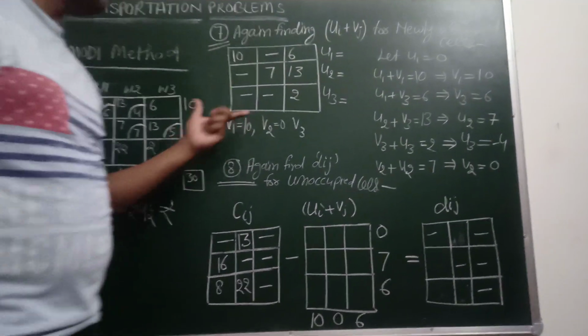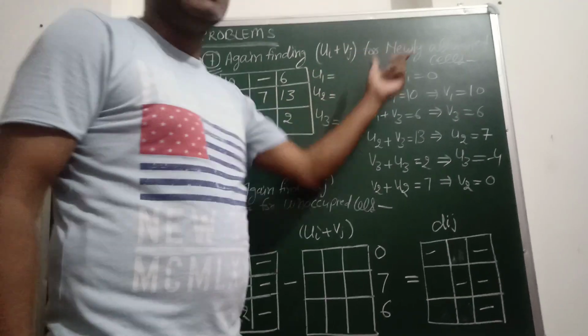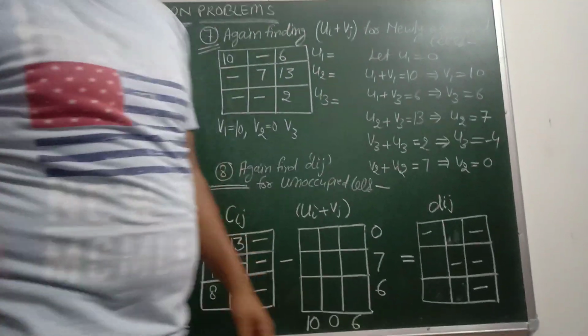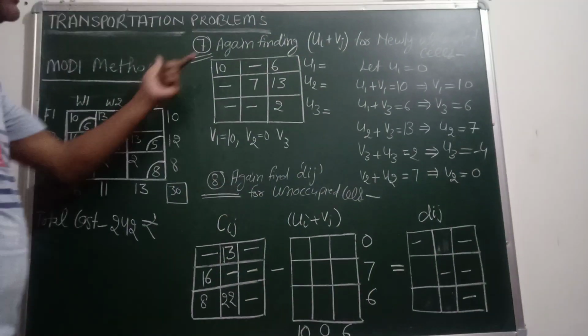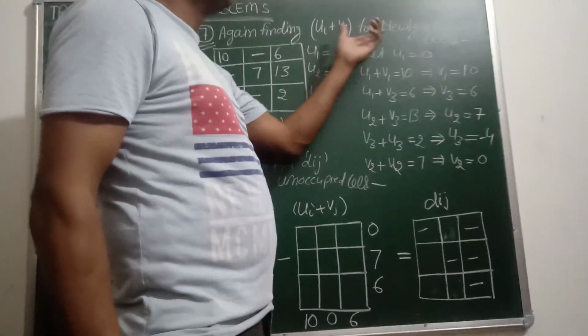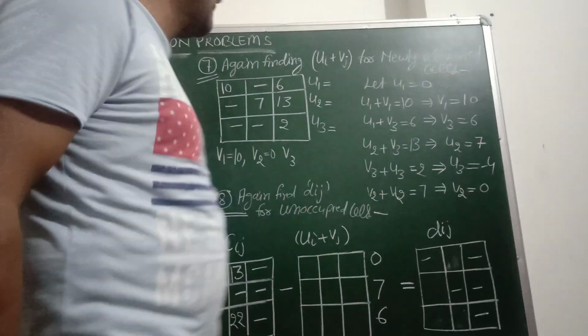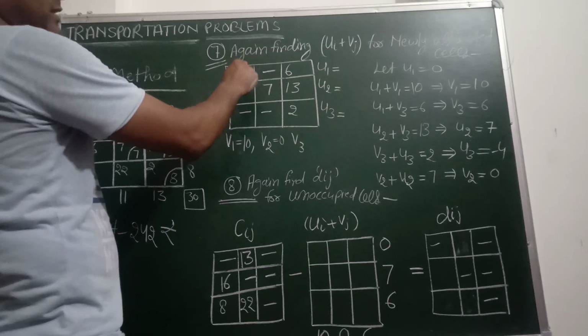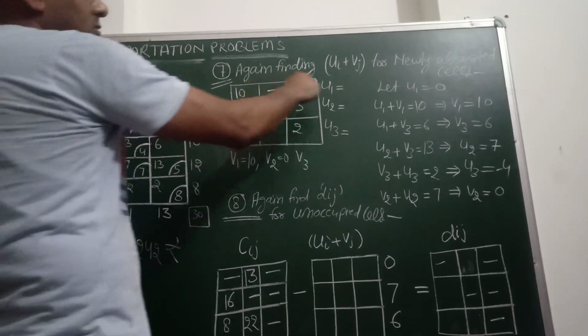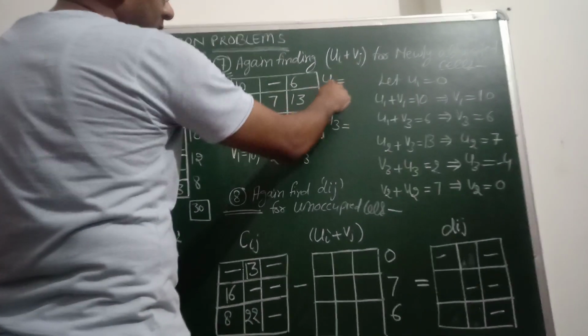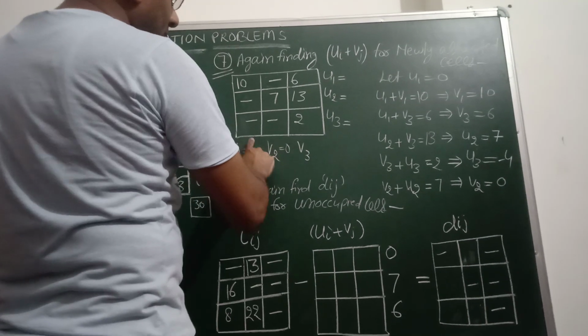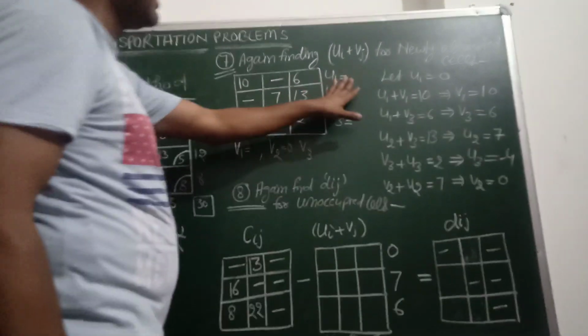As the cost found is 190 rupees, we have to check again whether it is the optimal value or not. So again we have to find ui and vj for the newly allocated cells, that is u1, u2, u3, v1, v2 and v3.